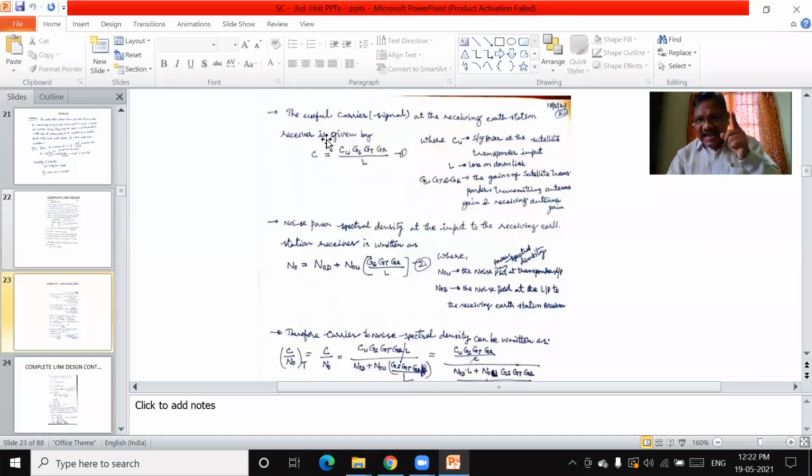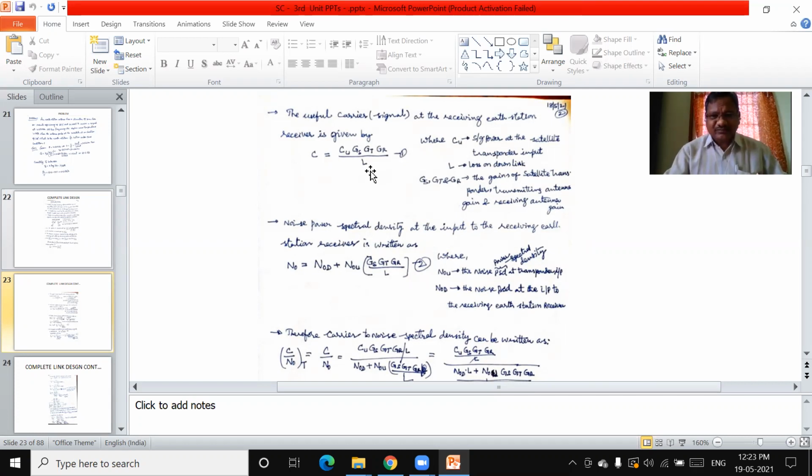Therefore, the useful carrier power at the receiving earth station is given as C equals to PCU GS GT GR by L. CU is the signal power at the input of the transponder, or at the input of the satellite, by L, where L is the loss.